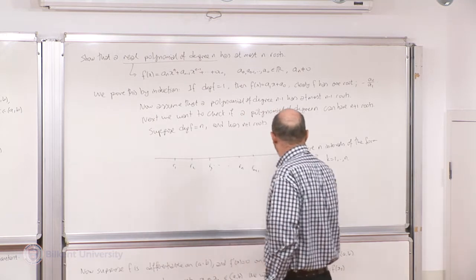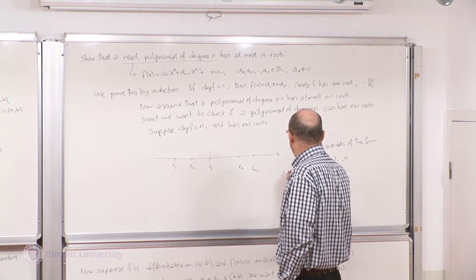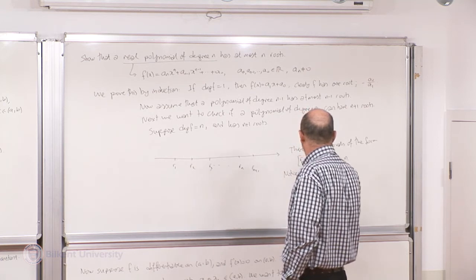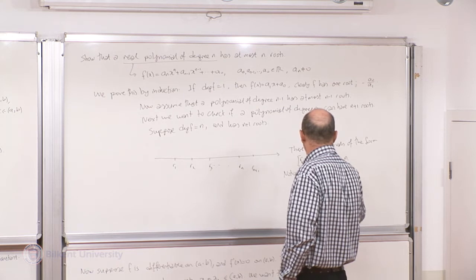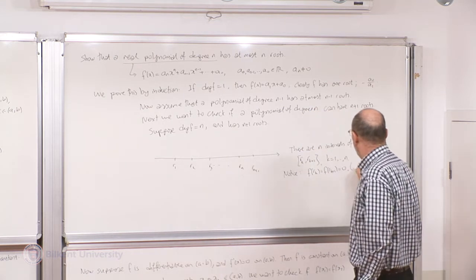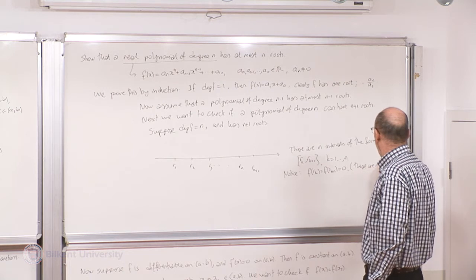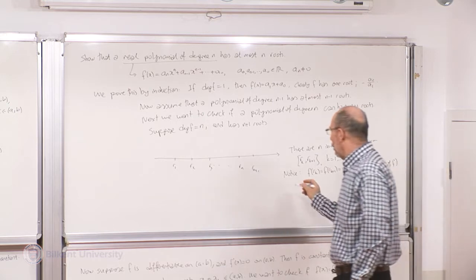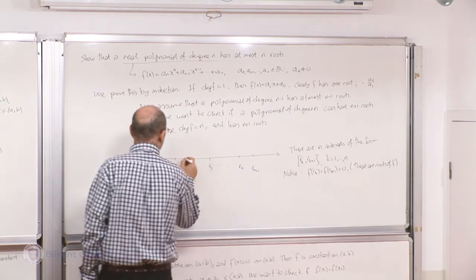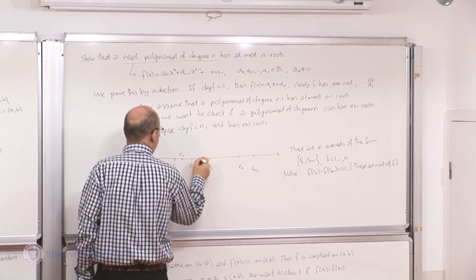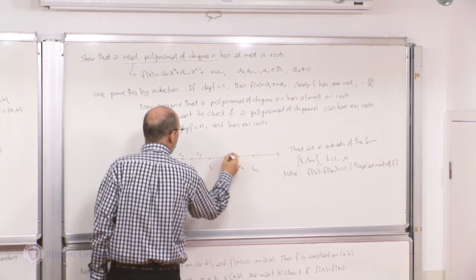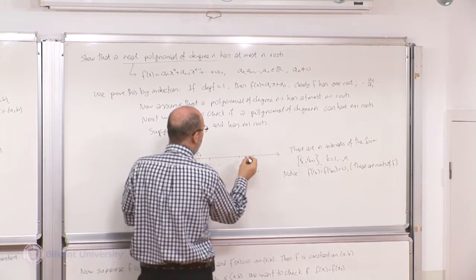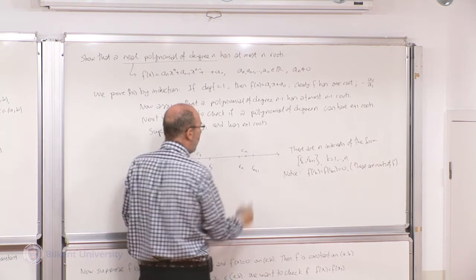Okay, so notice that f of r_k equals f of r_k plus 1 equals 0. These are roots of f. So there exists here c1, here we have c2, and here, you see the indexing goes like this, I'll have the indexing cn.